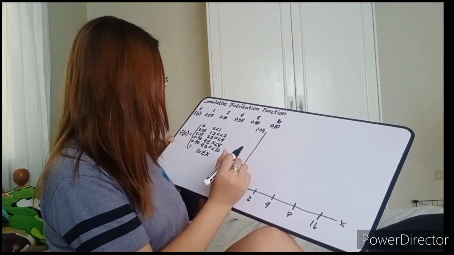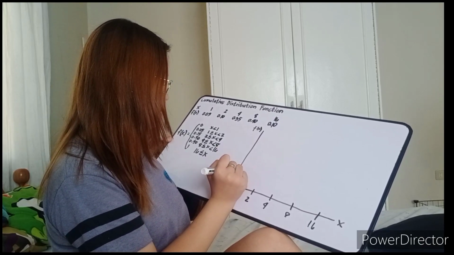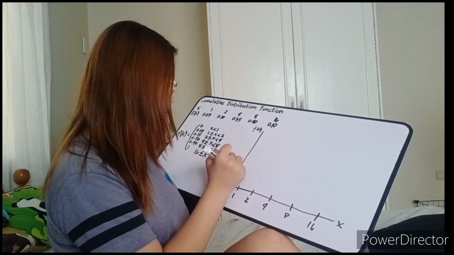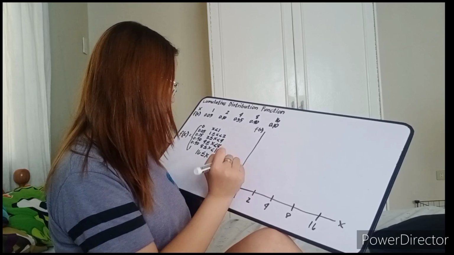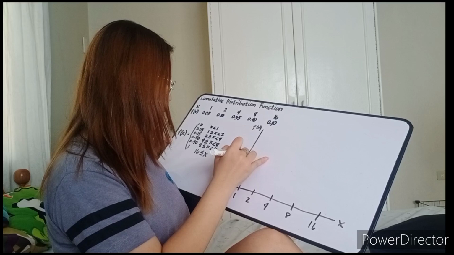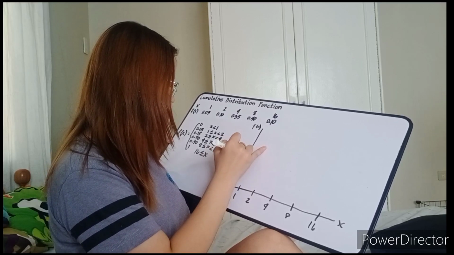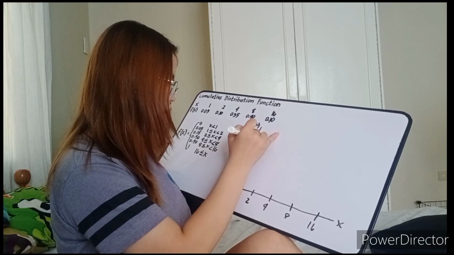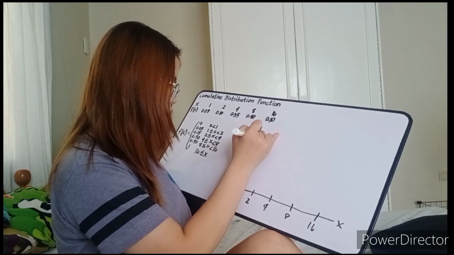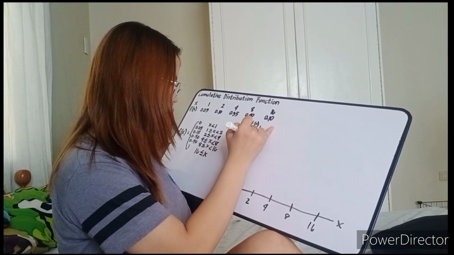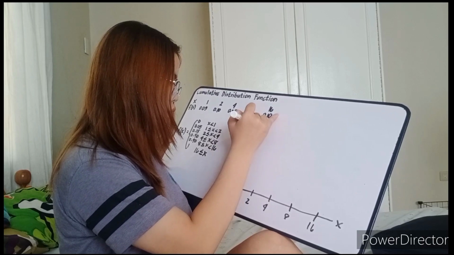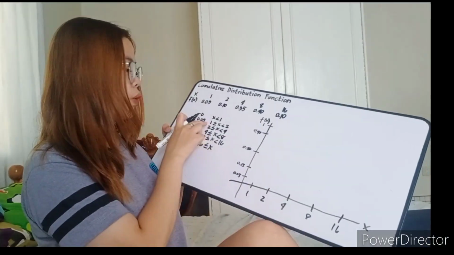Let's say, ito yung 0.05 natin. Ito yung ating 0.15. Ito ang ating 0.50. Ito ang ating 0.9. And ito yung 1 natin. Let's start with 1.